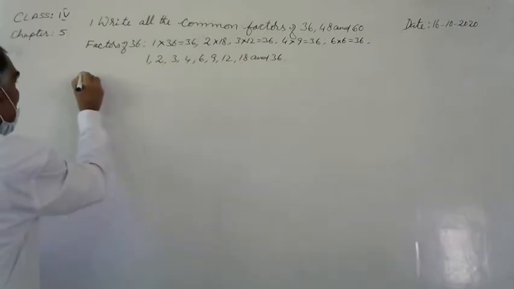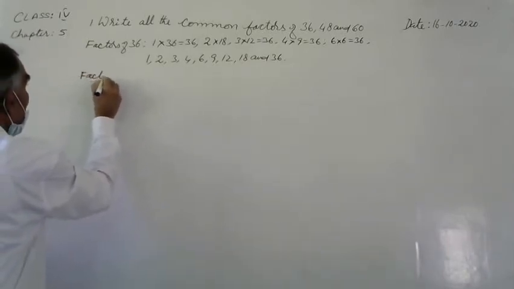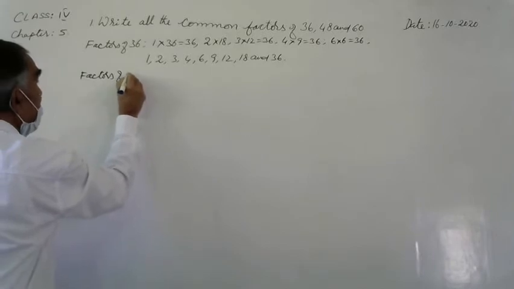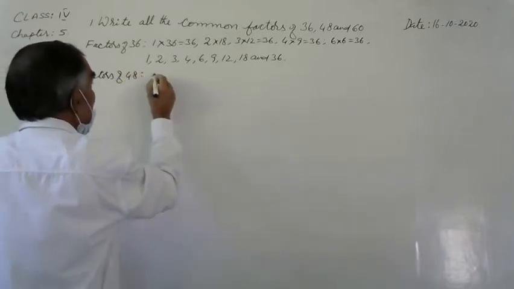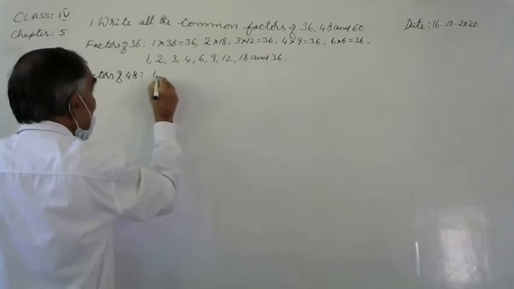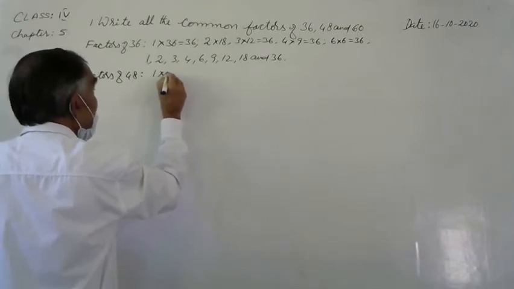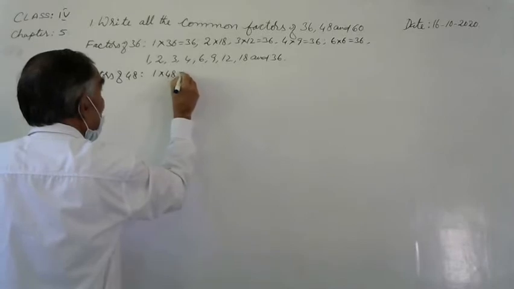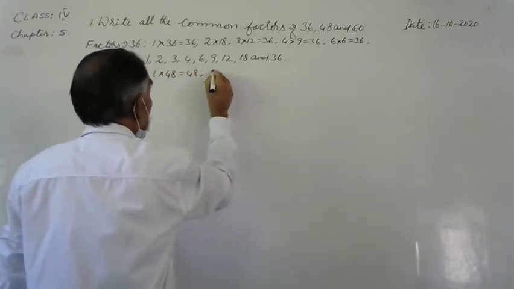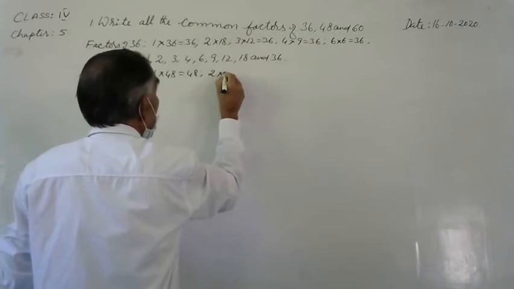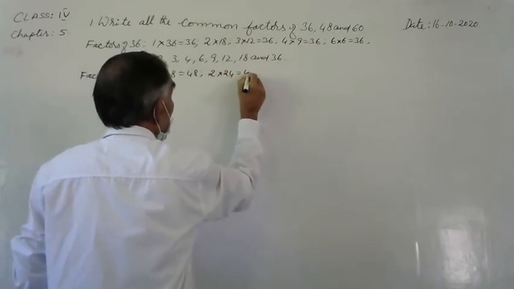Next, the factors of 48. For your convenience, I am writing here. Every number has 1 as a factor: 1 × 48 is 48. The next, 2 is also a factor: 2 24s are 48.